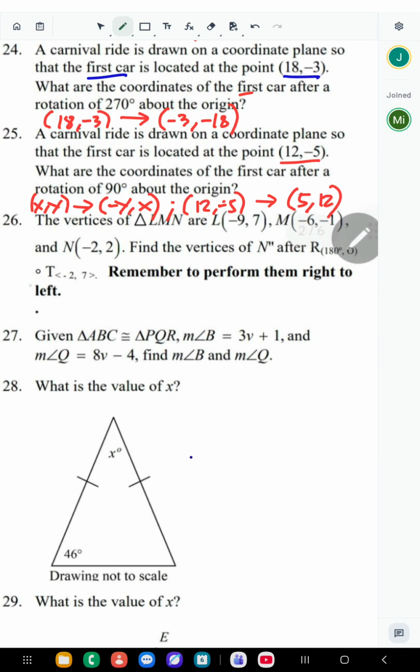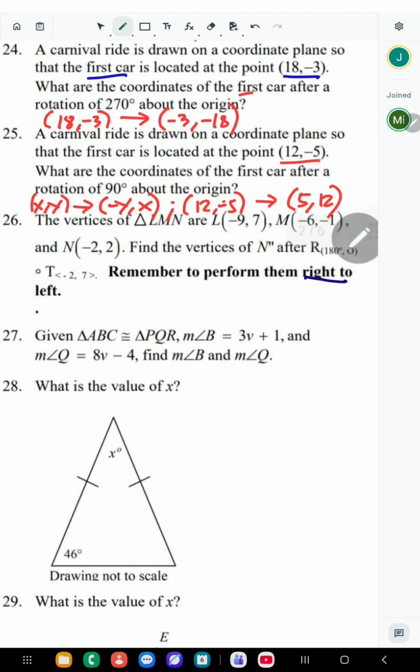Okay, and what's this? T negative 2, 7. Oh, so we find the vertices after the composite transformation, rotation. So we perform from right to left. Then we first translate by negative 2, 7, then rotate.